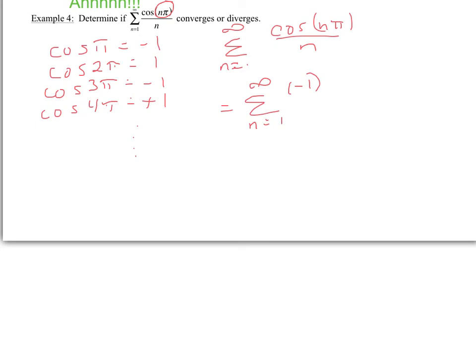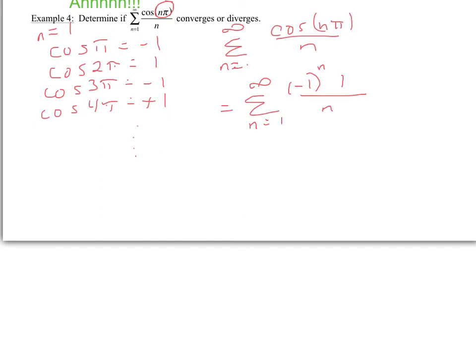Is it going to be negative 1 to the n plus 1 or minus 1? And if you look, since when n equaled 1 it ended up being negative, we can just do this as n. And then when n is 2, it was positive, so it is going to have just negative 1 to the n in our alternator. And then this would be 1 because it just goes negative 1, positive 1, negative 1, positive 1 over n. All right, so that's how we can rewrite it.